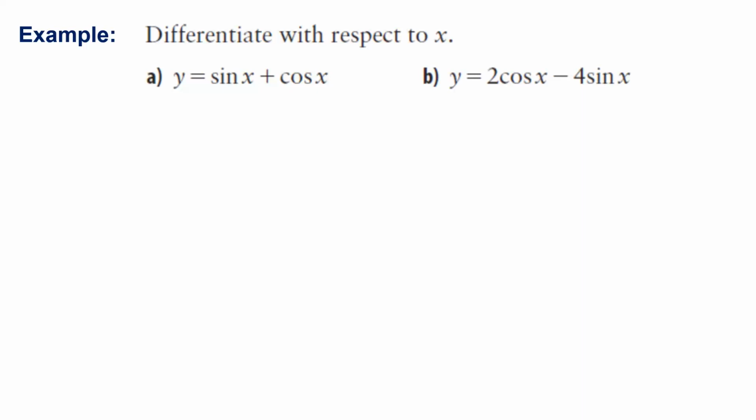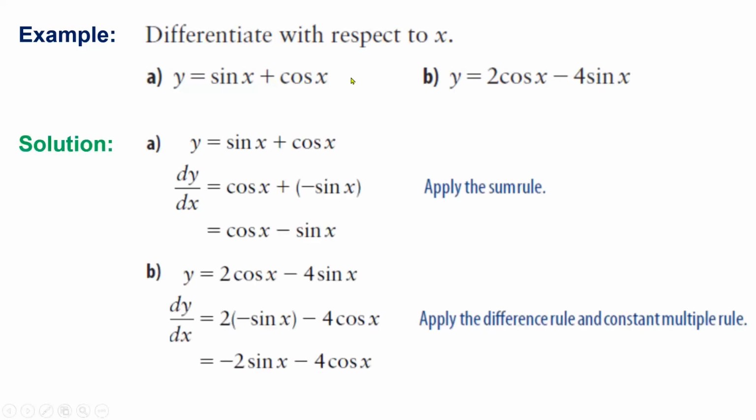Okay, have we finished? Then let's have a look at the solution. First question, we can apply the sum rule, right? The derivative of the sum of its two expressions equals the derivative of the first function plus the derivative of the second function, which equals cosine x plus negative sine x, which equals cosine x minus sine x, right?